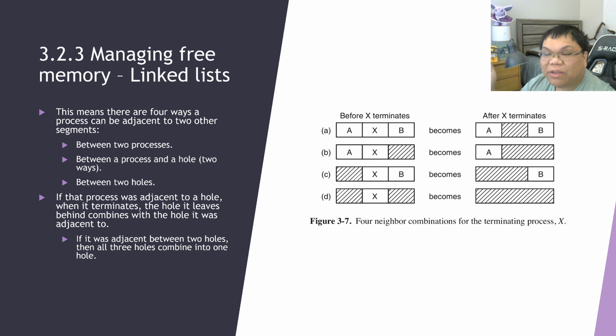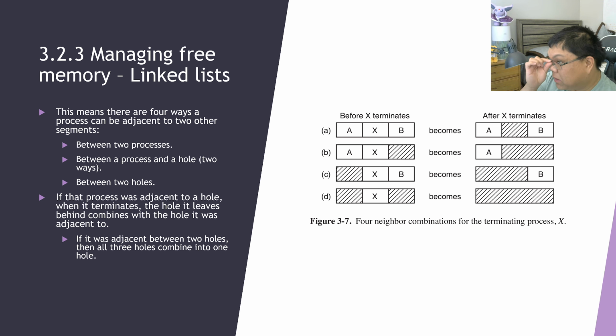So really, there's only one way in which a process can be adjacent to other segments and leave a separate hole, and that is between 2 other processes. Because if it's between a process and a hole, or between 2 holes, those holes will just merge. So, if we have some process X sandwiched between 2 processes, when it terminates, it's gonna leave behind a hole.